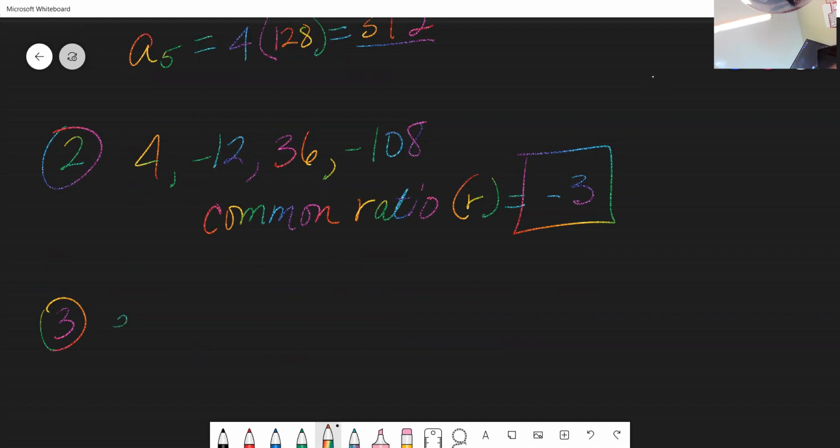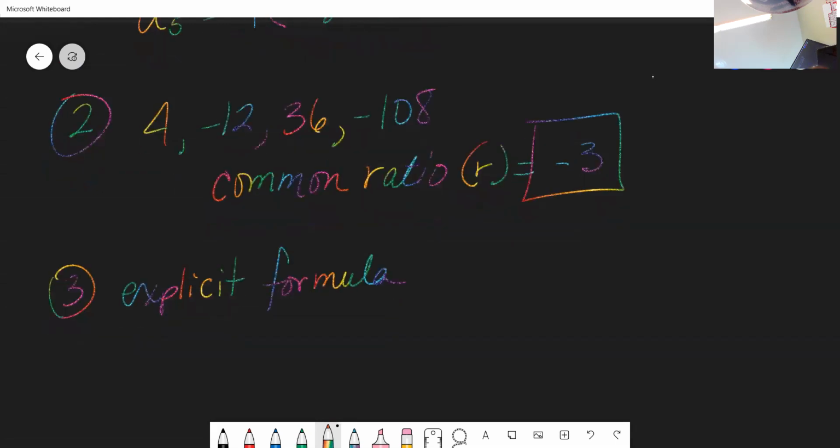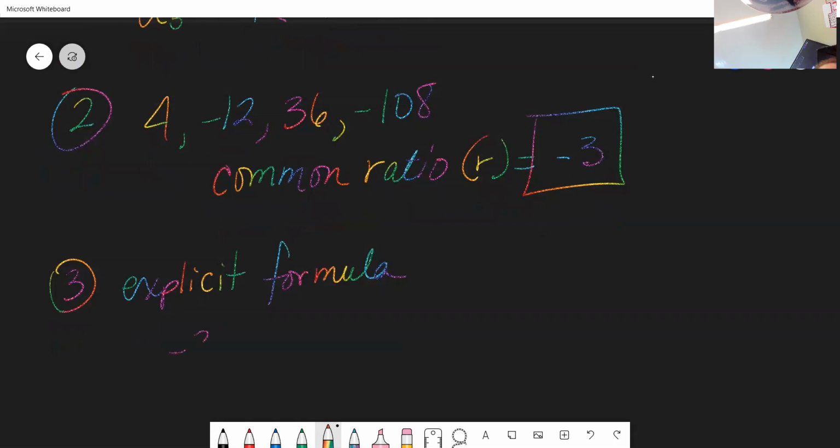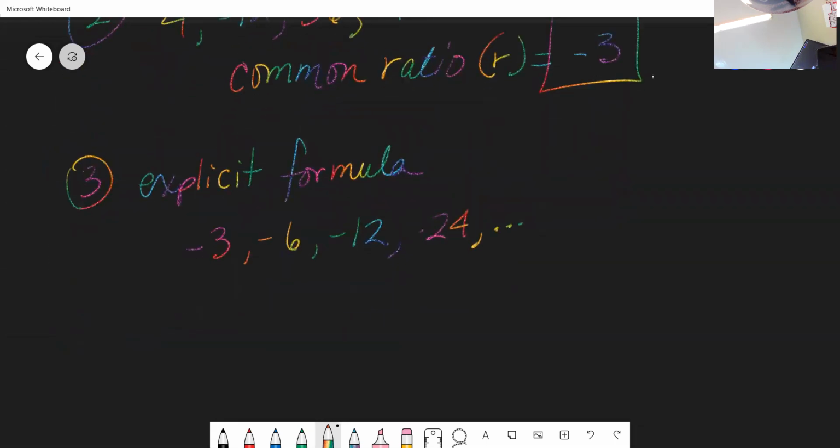All right, last one. Give me the explicit formula if your sequence is -3, -6, -12, -24, etc. AN equals what's our base formula?